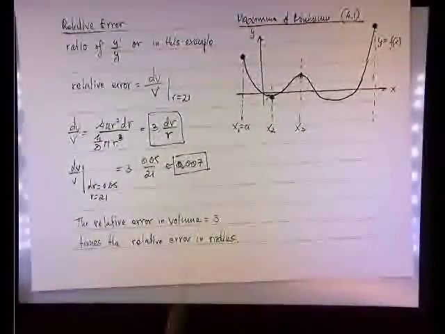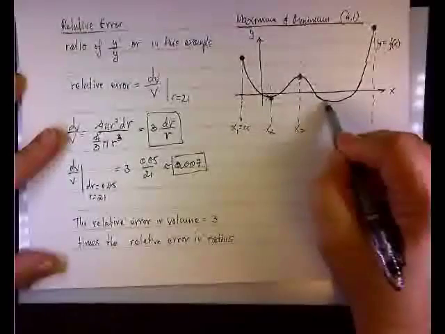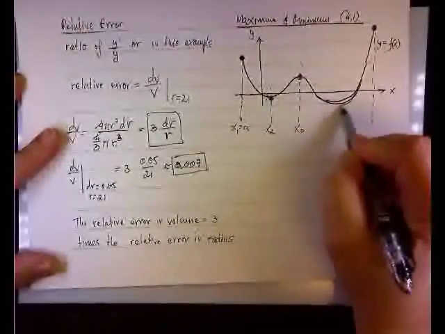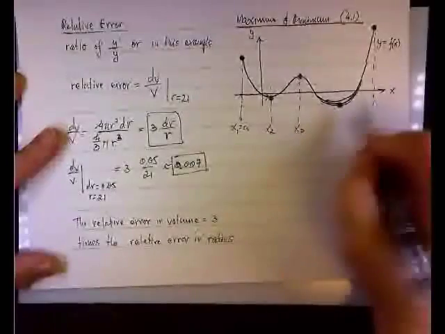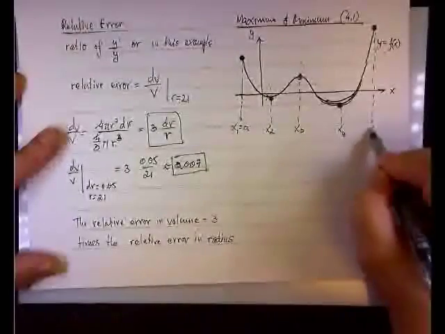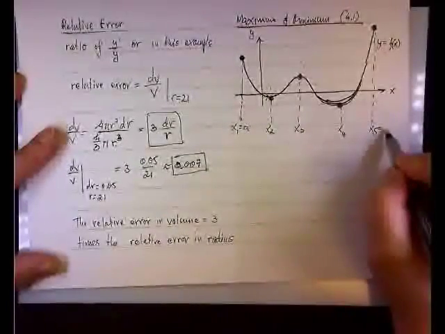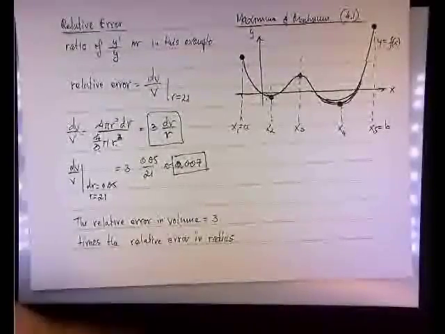Now, why am I interested in these points? Because if you look at the title or the topic, it says maximum and minimum. And that's why I'm investigating these particular points. So this will be x4, and x5 will be the last one, which I call B. So we're looking at these three interior points plus the two endpoints.